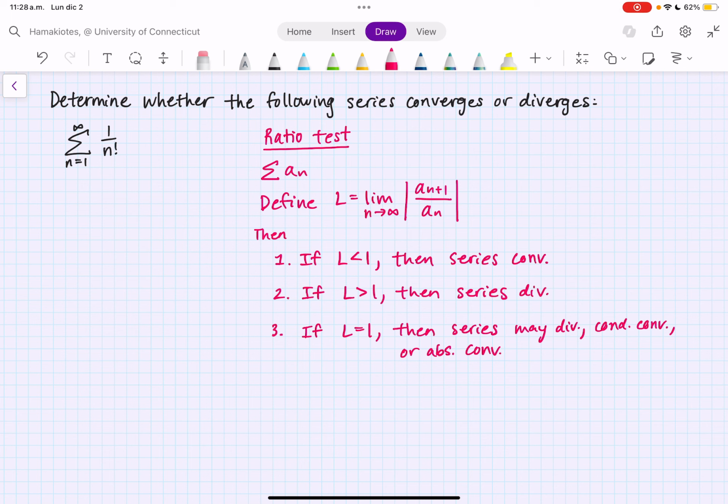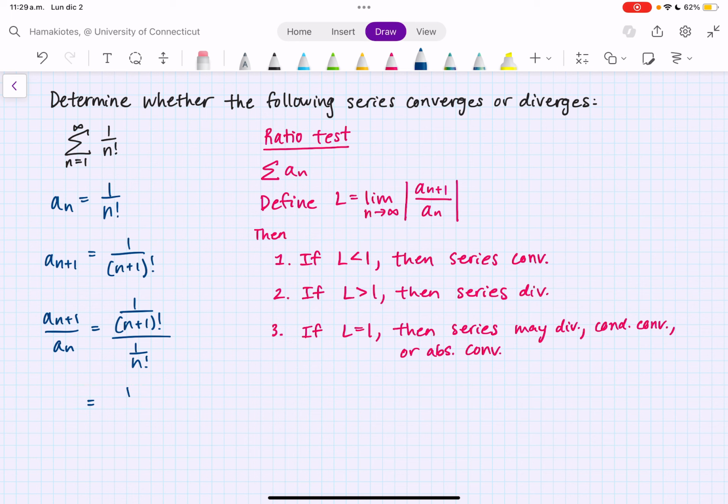So this is inconclusive. Now, in our case, a_n is 1 over n factorial, and a_{n+1} is 1 over (n+1) factorial. So a_{n+1} over a_n is equal to 1 over (n+1) factorial, all over 1 over n factorial.